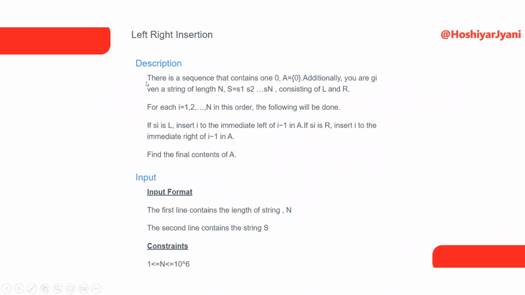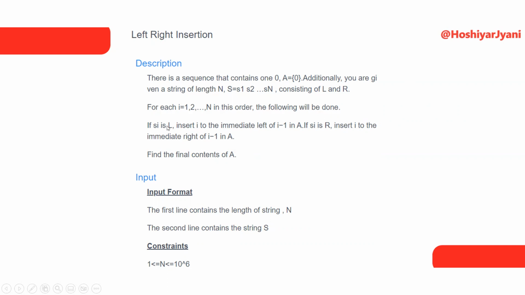The description of this question is: there is a sequence that contains 1 0, N greater than or equal to 0. Additionally, you are given a string S of length N, S equals S1, S2 up to Sn, consisting of L and R, left or right. For each i equal to 1 to N in order, the following will be done.